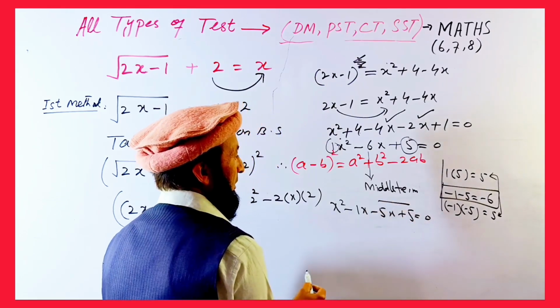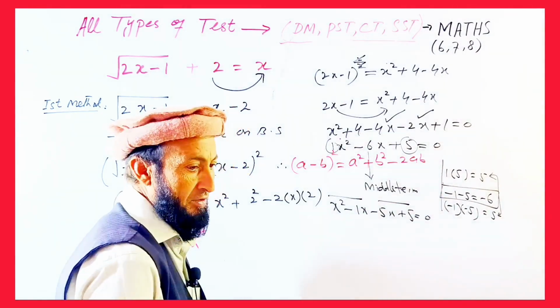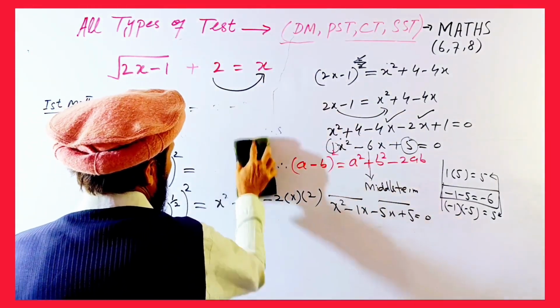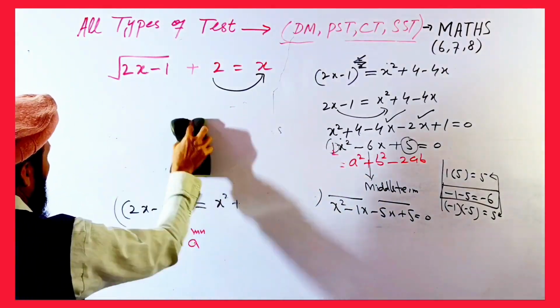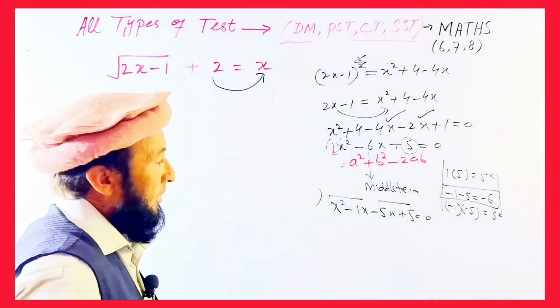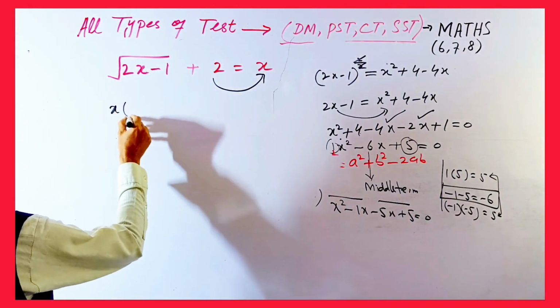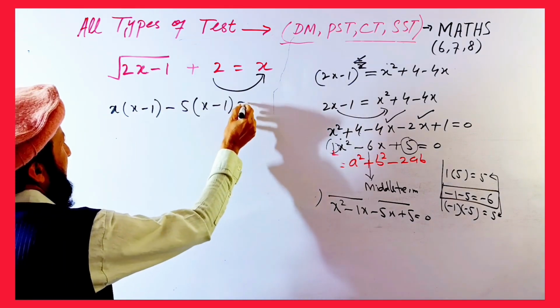Now we make pairs of the first and second, and the third and fourth terms. Here x is common, so x minus 1, and minus 5 is common, x minus 1, equal to 0.